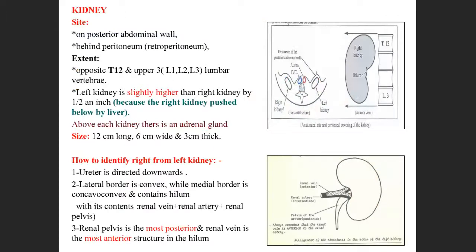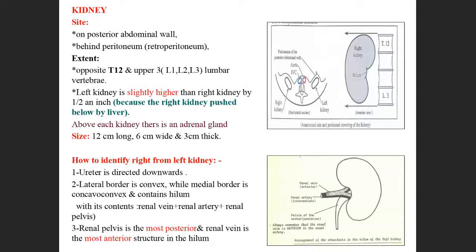Kidneys. So where are they situated? The kidneys are present on the posterior abdominal wall and behind the peritoneum, so that's why they are called retroperitoneal.